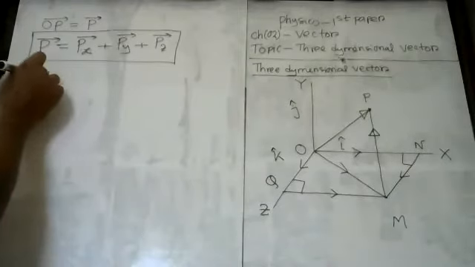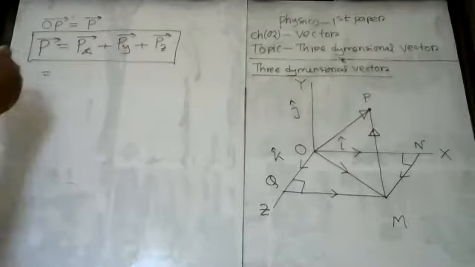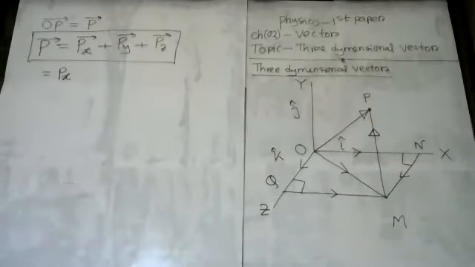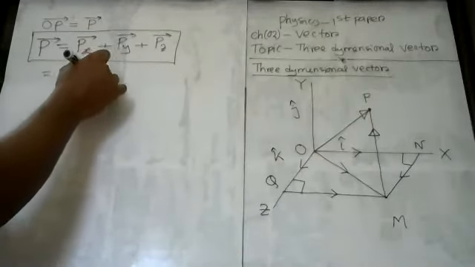Any vector equals its magnitude multiplied by its direction or unit vector. Suppose Px has magnitude Px, and the unit vector along the x-axis is i hat or i cap. Very good.